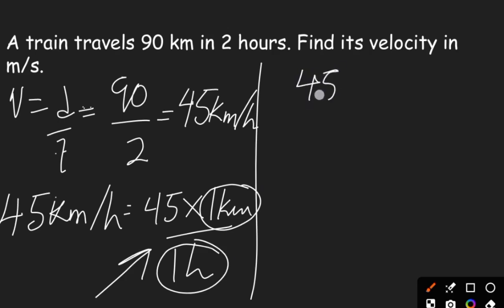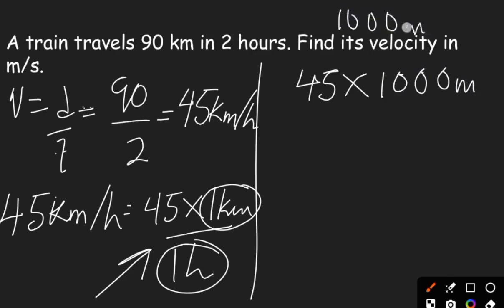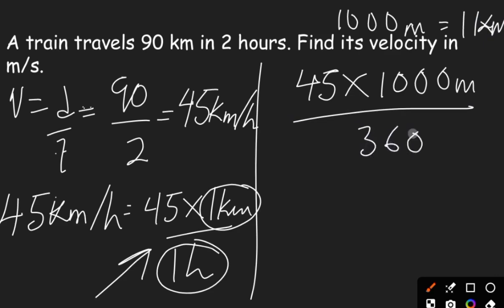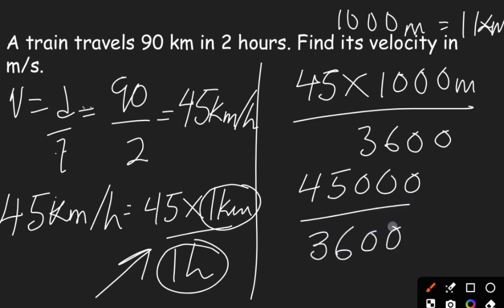So 45 times 1 kilometer. 1 kilometer is 1000 meters. Take note, 1000 meters equals 1 kilometer, over 1 hour equals 3600 seconds. So 45 times 1000 is 45,000 over 3600.